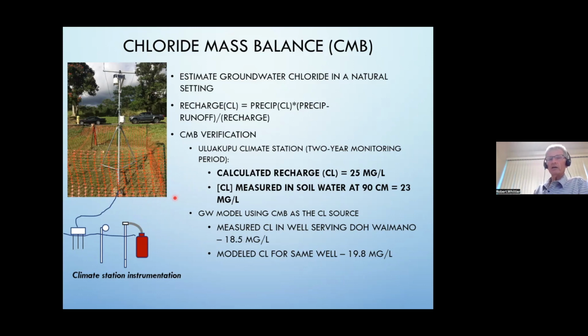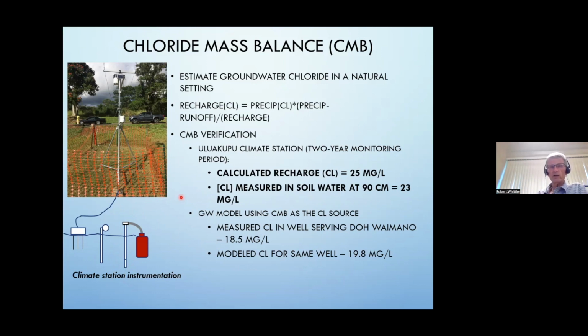So when we did our water balance study calculation, we got a recharge concentration of 25 milligrams per liter. We also have a lysimeter for collecting soil water. So during periods of recharge, we collected soil water at 90 centimeters and got 20 milligrams per liter. So a very close agreement.